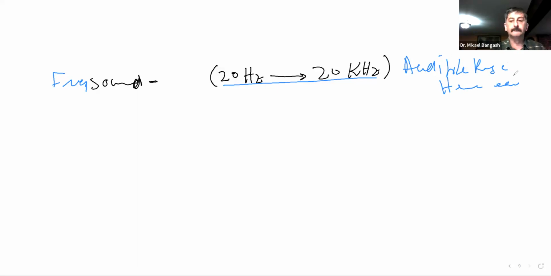Did you guys get that? As long as a sound has a frequency that falls within the range of 20 cycles to 20,000 cycles per second, the human ear should be able to hear that.